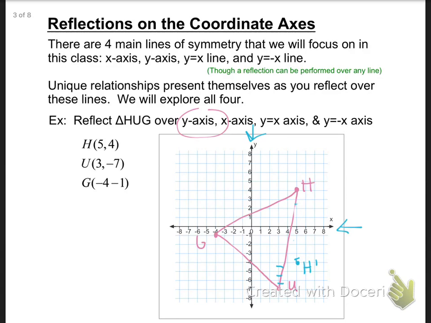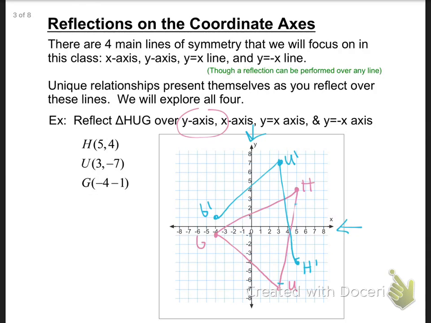I'm 7 away, so 1, 2, 3, 4, 5, 6, 7. U prime. 1 away, 1 away. G prime. There's how it looks if you reflected him over your y, the mirror image, or reflected him over your x, that's your mirror image.